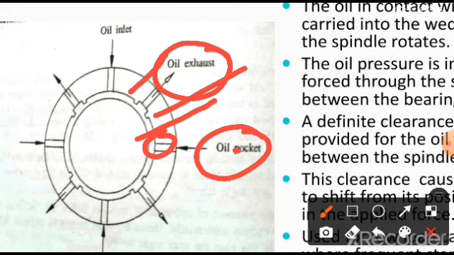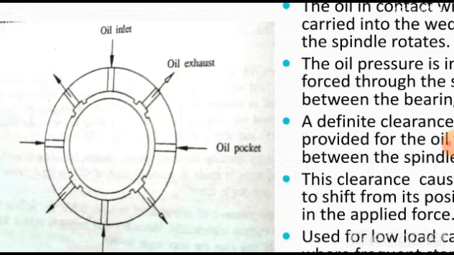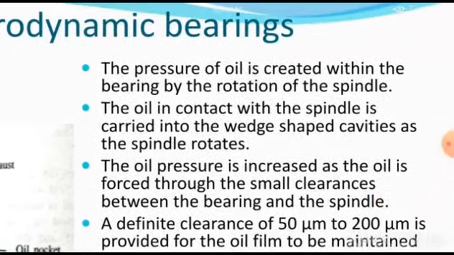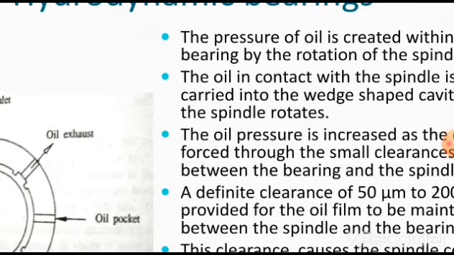The oil enters here and the oil goes outside. Again, alternately they are doing. Observe very carefully here. The oil enters, the oil goes, again oil is entering, oil is going like this. So what is going to happen: whenever the spindle is made to rotate at higher speeds, the oil will enter and again come outside. Here a thin film of oil is maintained between the spindle and the bearing.